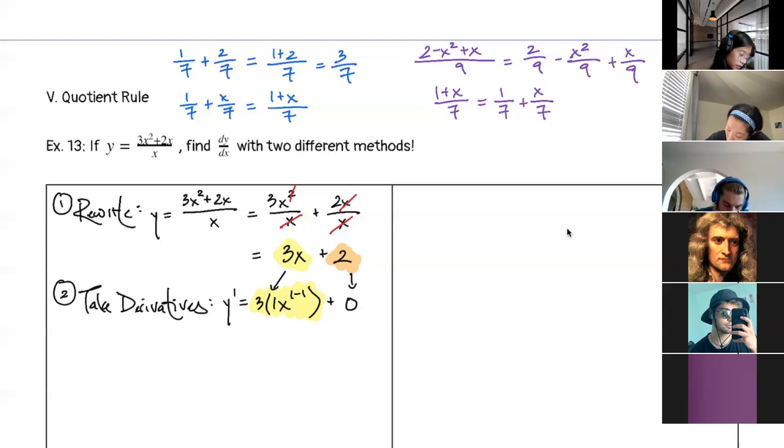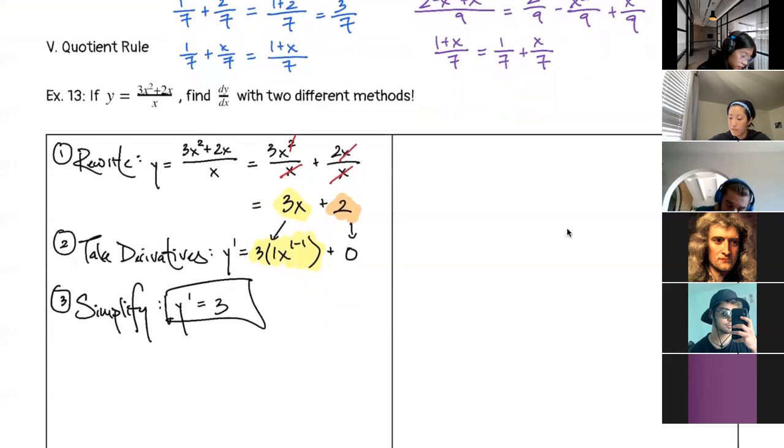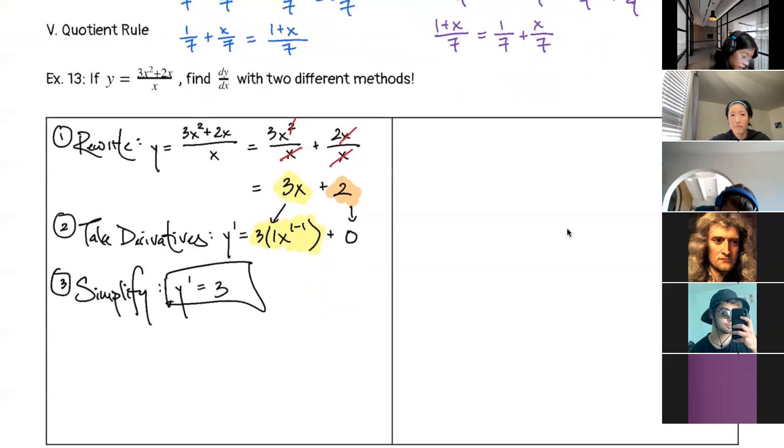And so now that we've taken our derivatives, let's simplify or clean up our answer, and we'll get y prime equals 3. Okay. All right. So that is one way that you can do that.